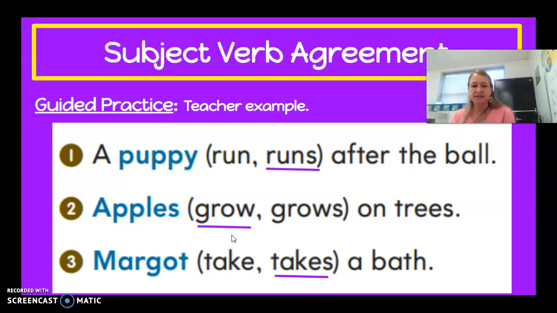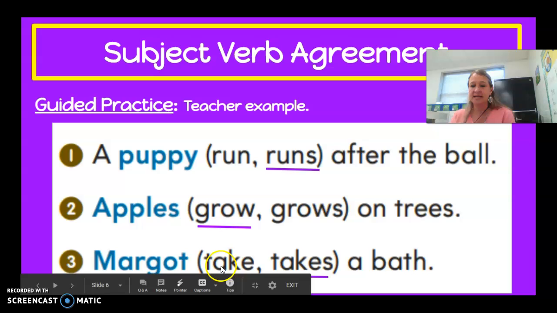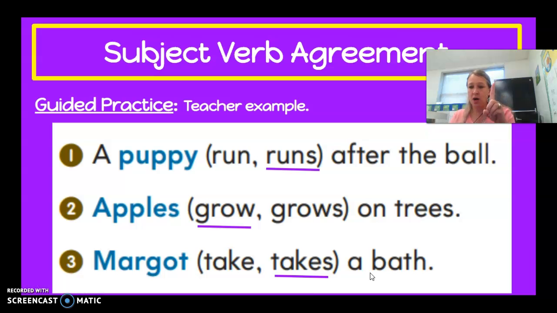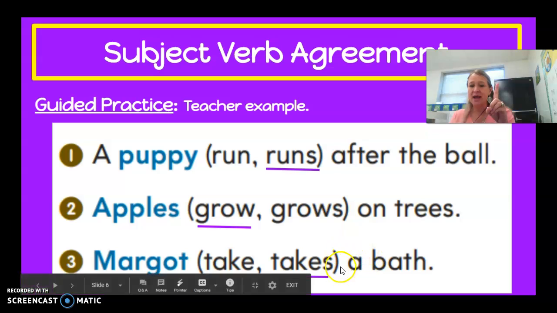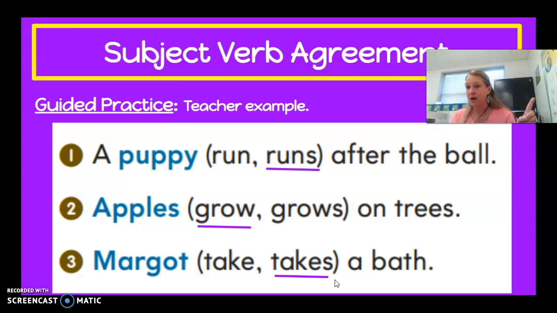All right, so let's look at number 3. It says, Margot take a bath, or Margot takes a bath. Remember, if the subject means one, you add an S to the verb. So, did I do number 3 right? Yes or no?